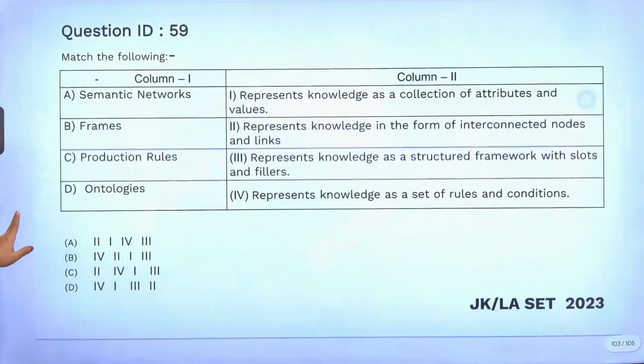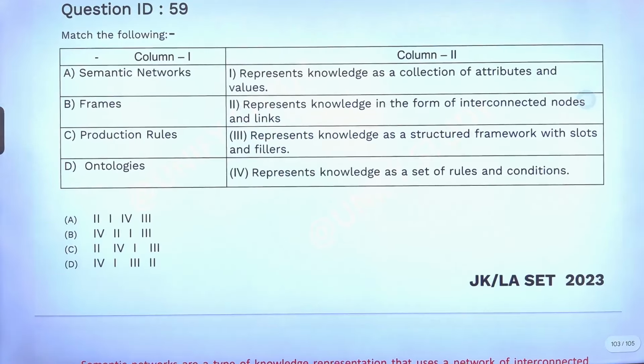Now the last question is semantic network, frame, production, ontology. Think, read and answer. My planning is exactly the proper way I run the class. All the questions also end and it's 7.